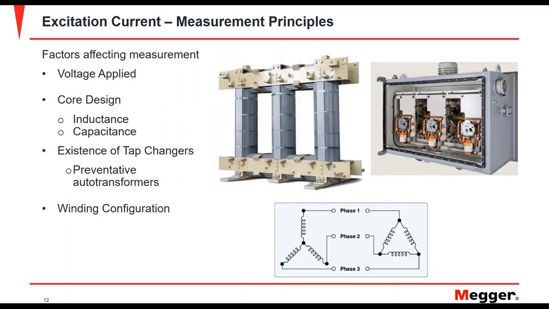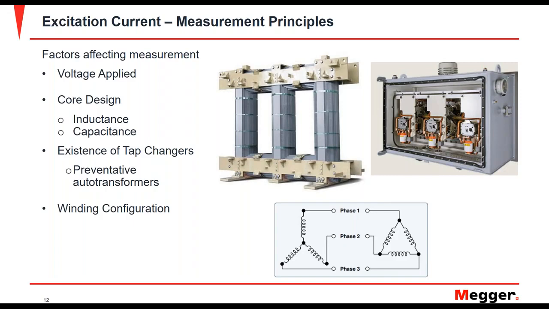So let's look now at some of the factors that affect this excitation measurement. We discussed in the previous part of the seminar that the excitation current test is a voltage dependent test. So of course, the voltage will affect how my excitation current is going to respond. Next, we have core design. You could have different inductive and capacitive components in the core that could affect how your excitation current trace looks.